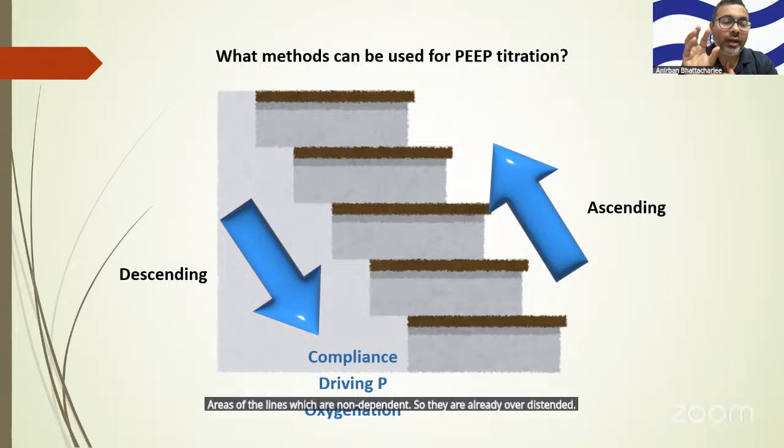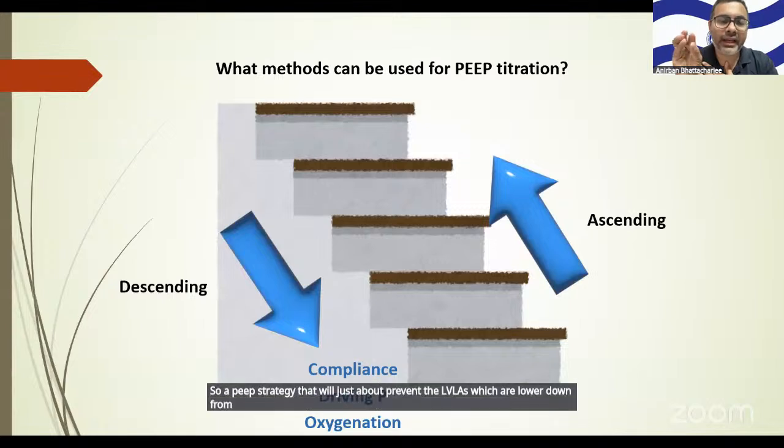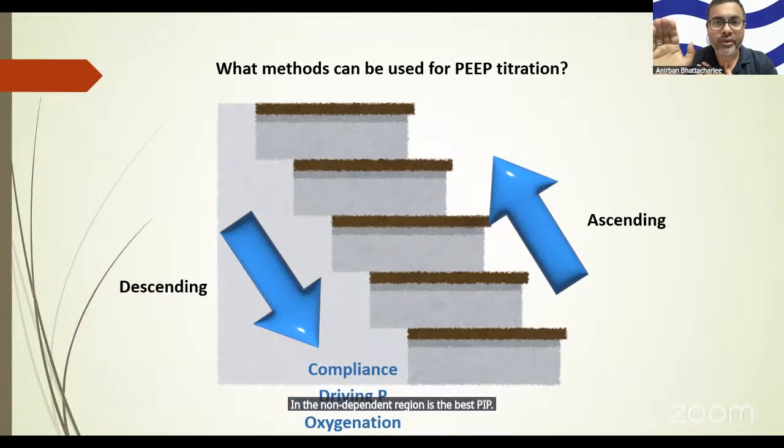So a PEEP strategy that will just about prevent the lower alveoli from undergoing cyclical opening and collapse, while preventing over distension in the non-dependent region, is the best PEEP. So how can we find it? For that, we can do some kind of PEEP titration.